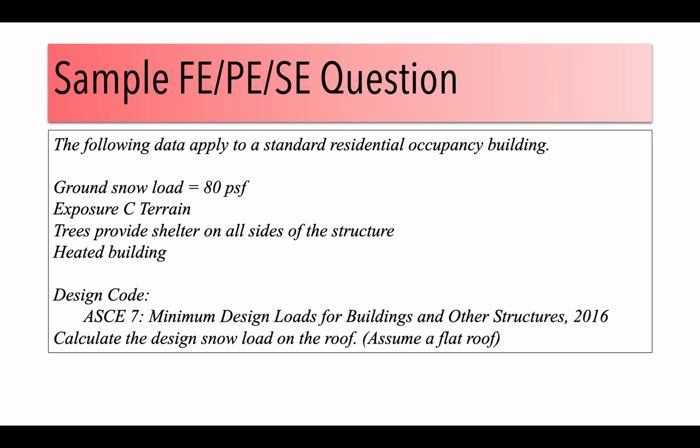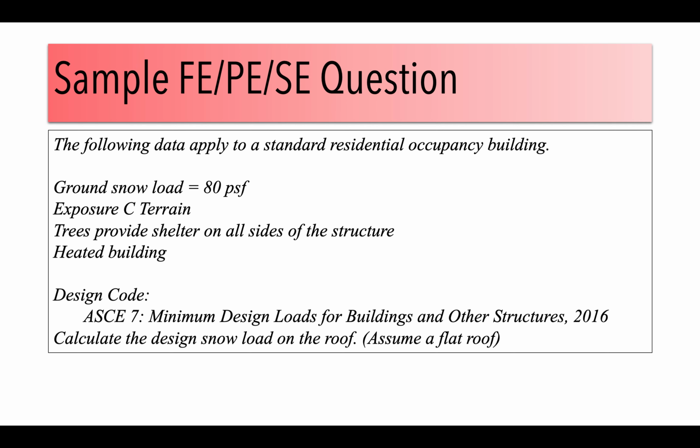So here's a sample question for those who are going to take the FE, PE, Civil, or the SE exams. So please pause the video, try and do it by yourself, and then you can continue and see how we're going to work it out. So basically you're given the ground snow load of 80 PSF.